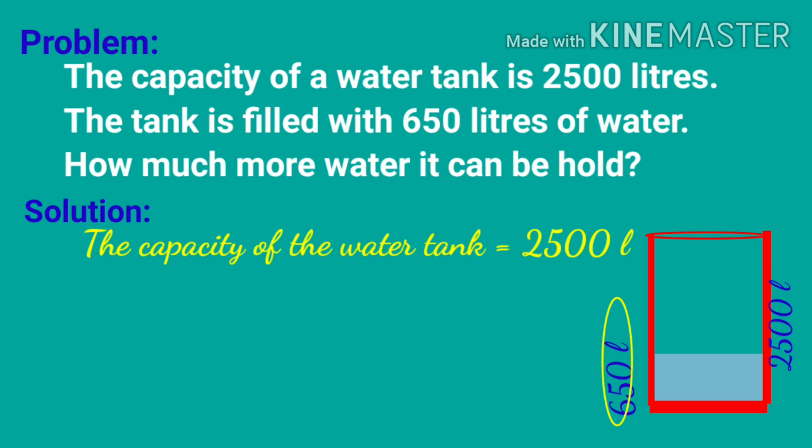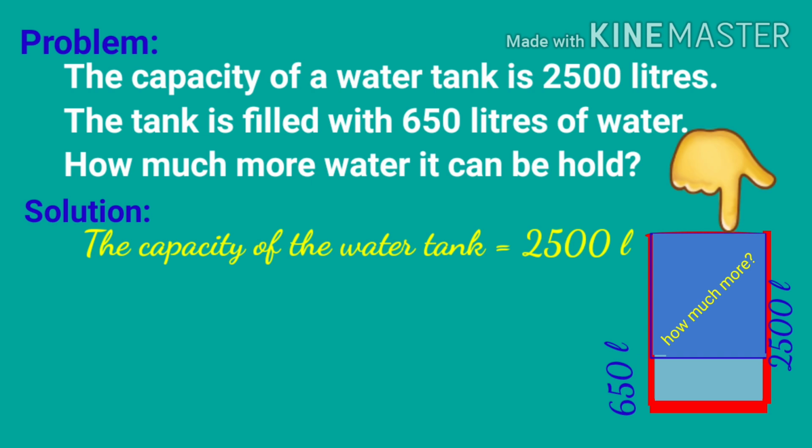It is 650 liters. And now the question asks us to fill the water tank completely. How much more water is needed? Children, you see here the tank is not completely filled. The top part of the tank is empty.